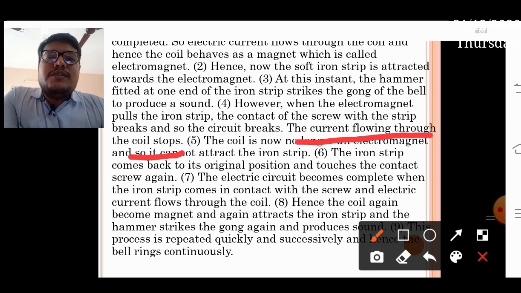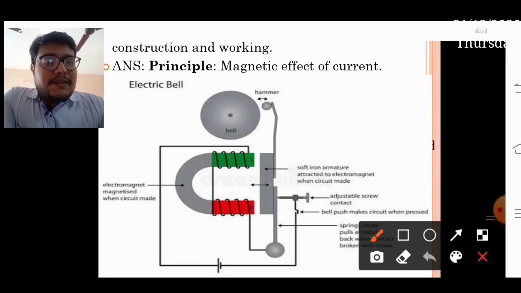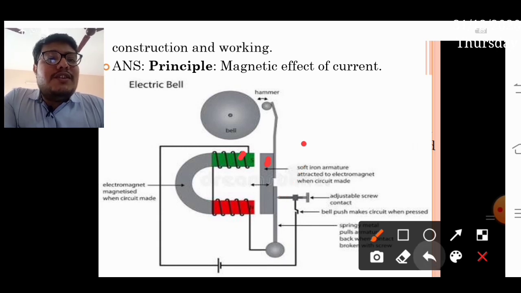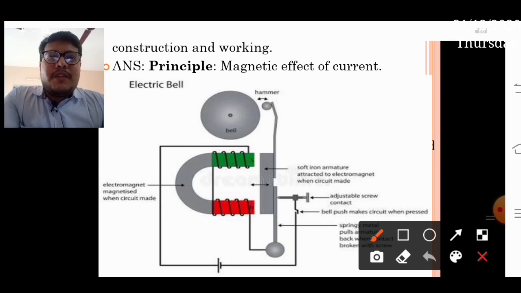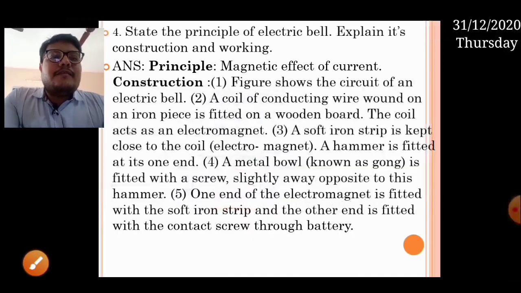When the strip is attracted, it detaches from here. Now this is an open circuit, and that is why no current flows inside the coil, right?